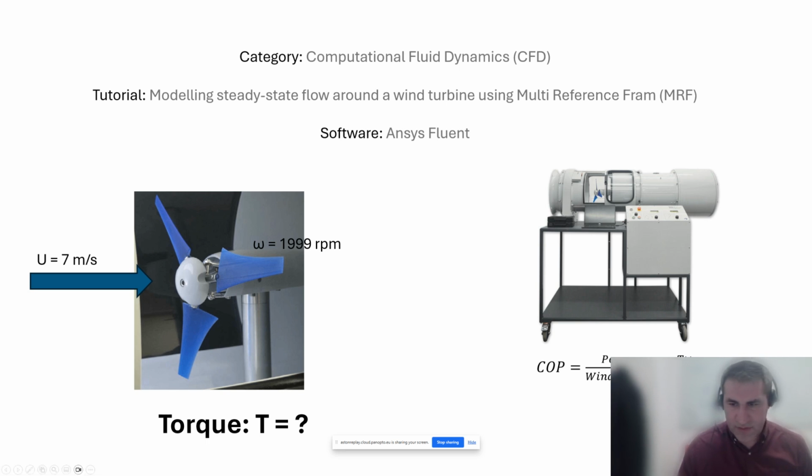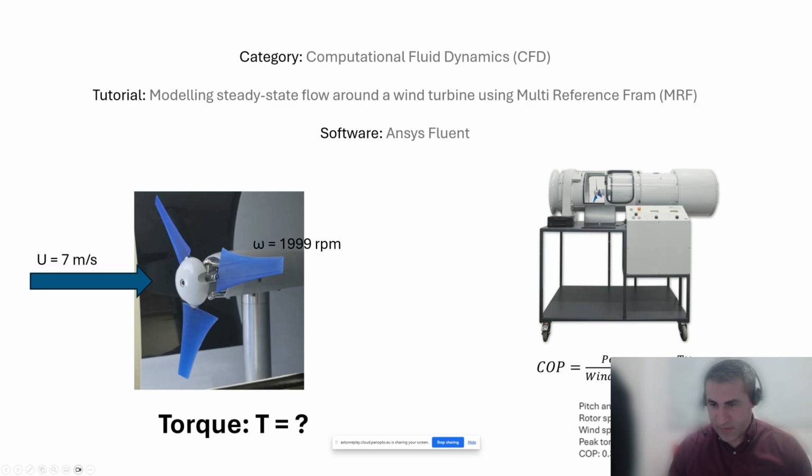Once we have torque, we can replace that here because we have the rotational speed, the speed of wind, A is the area covered by the rotor, and rho is density of air. From experimental data, we have the torque 23.5 millinewton meter, and the COP is 0.316, which means that almost 30% of the power from the wind is converted to mechanical power.